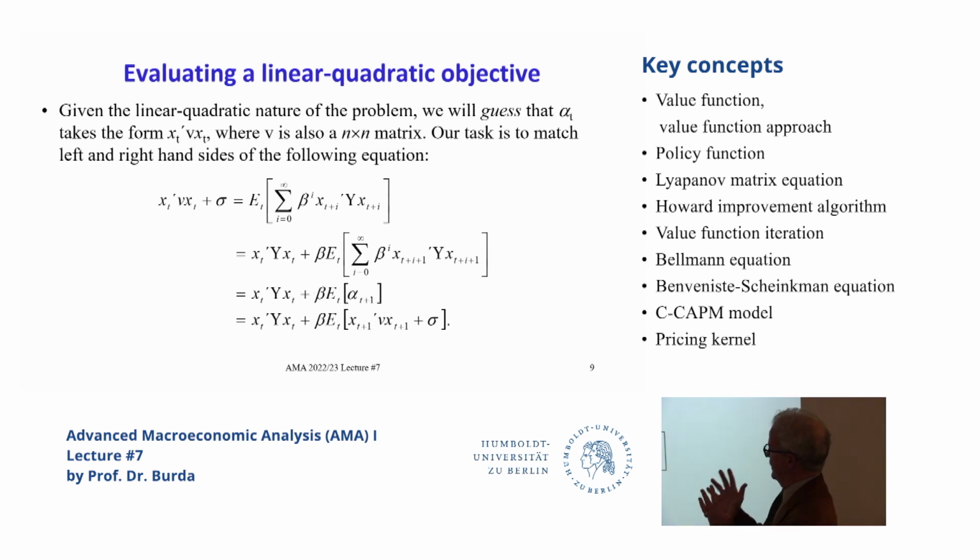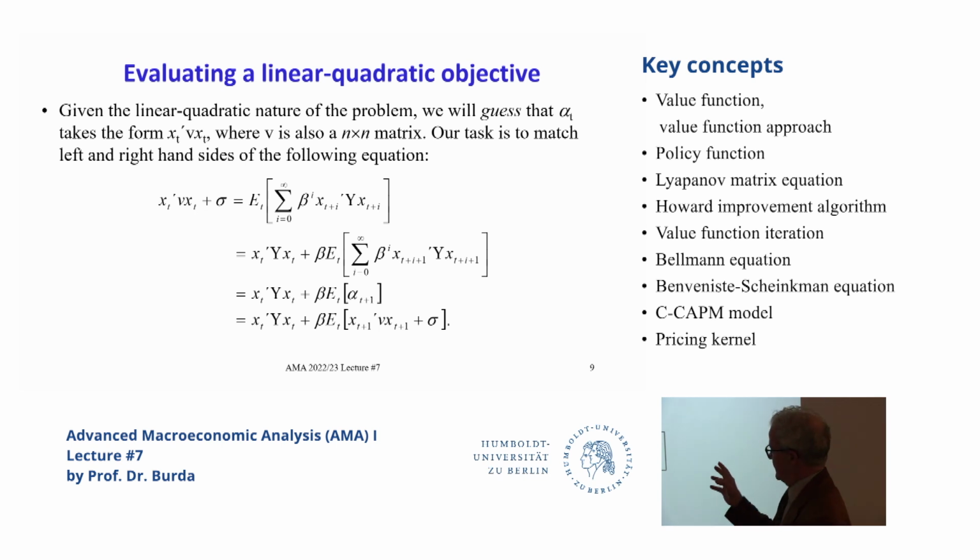We wrote this down, and we said, hey, let's just assume that the value function alpha t looks like the left-hand side, but if it does, then I should be able to plug it into the right-hand side since it is optimal, right? And they should be identical. But alpha t plus 1 is exactly the right-hand side leaded by one period.